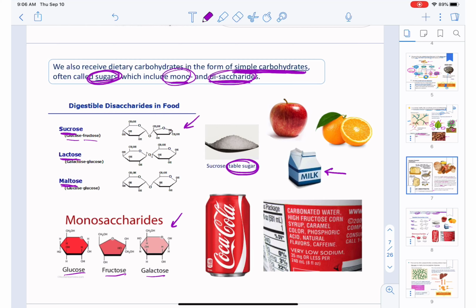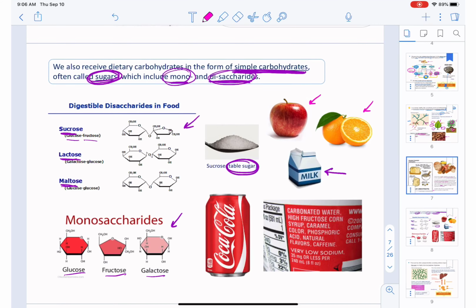And we do find sugars in fruits and vegetables, particularly in fruits like apples and oranges. And so you are going to get some of your dietary carbohydrates through sugars. But again, it's nice to consume these sugars in non-processed foods.